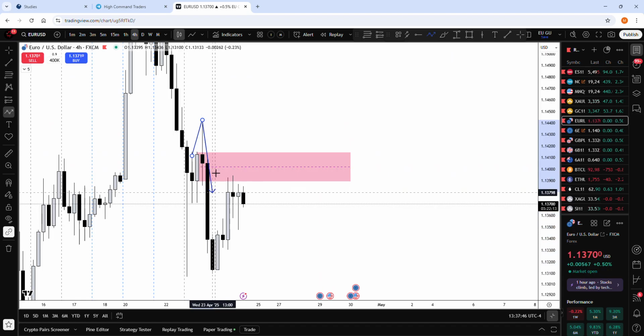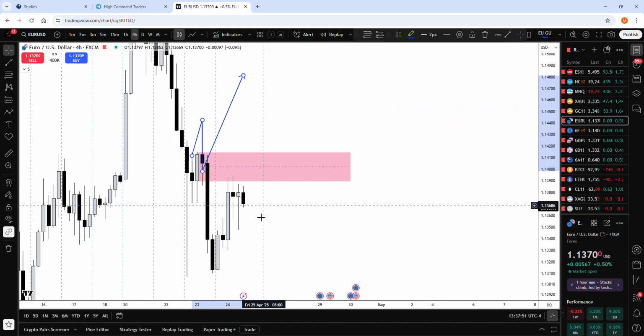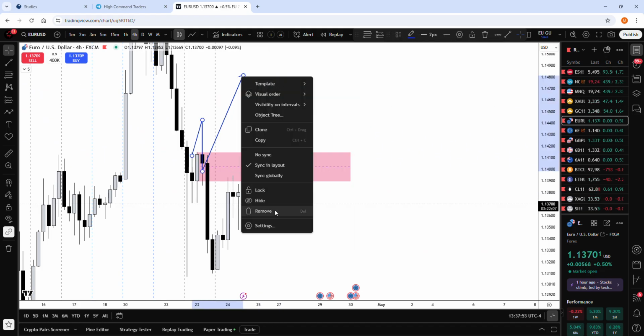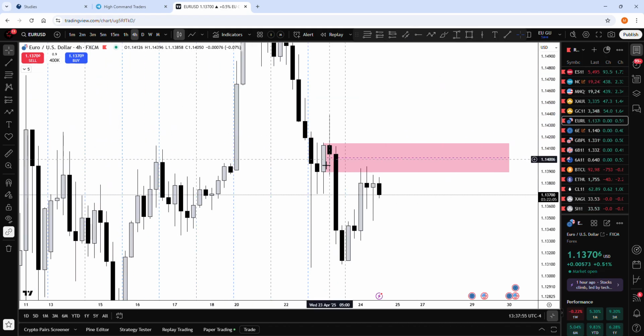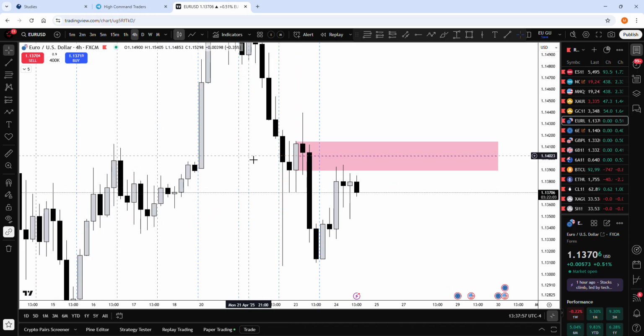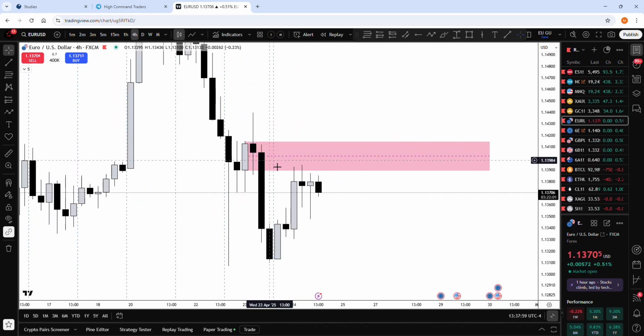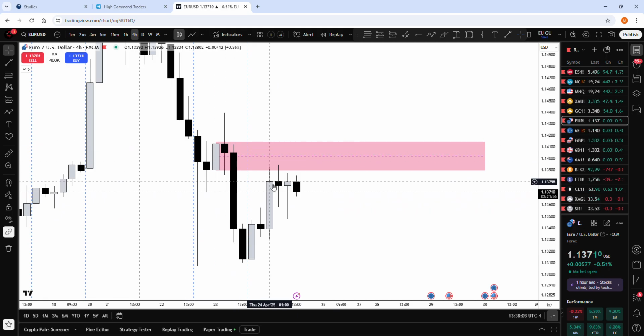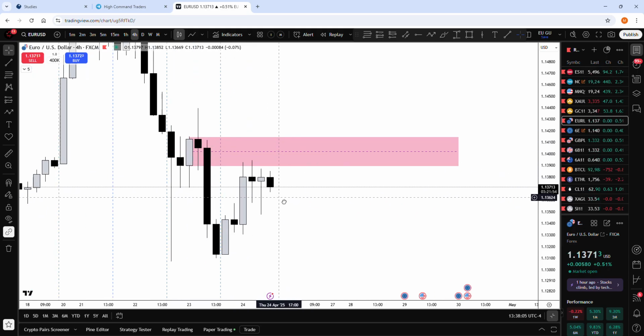It's not rejecting and then pushing higher. When you see order blocks like this, you look at the price action and you can see where price is moving to.